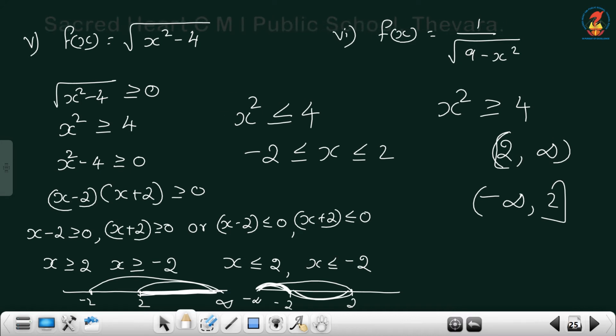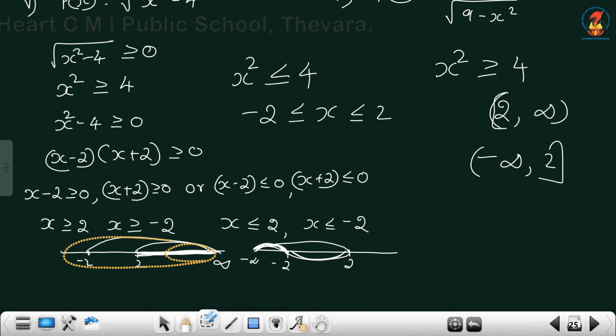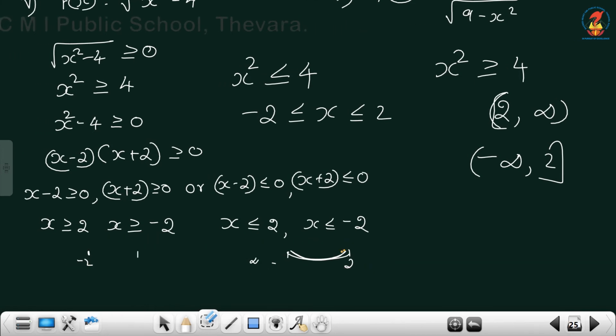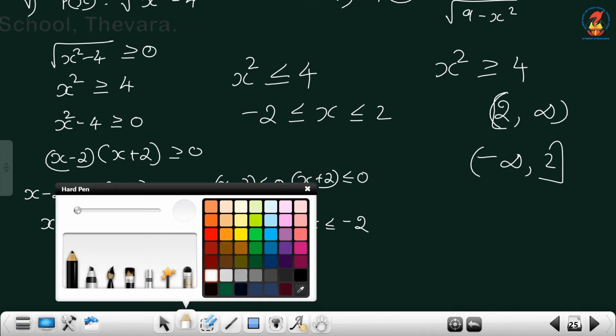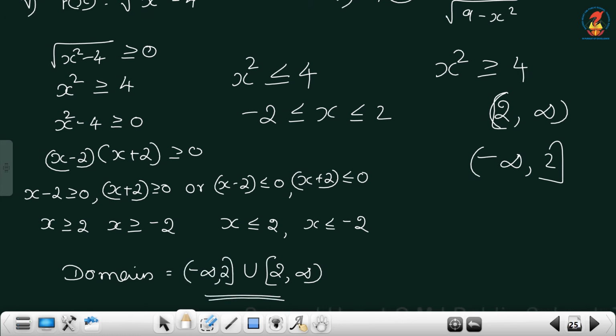Okay, so here I am writing. From this I can write the domain is equal to 2 to infinity and minus infinity to 2. This is the domain.